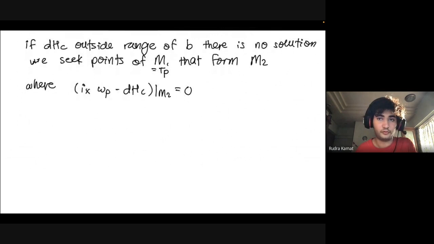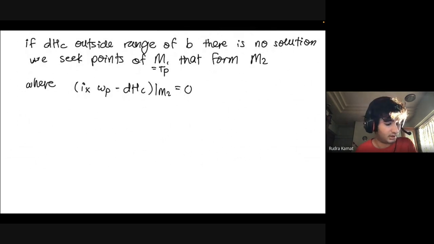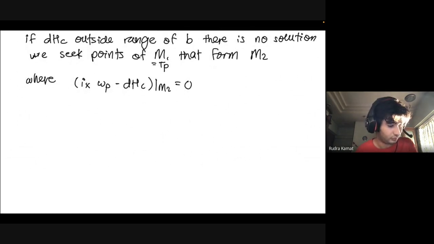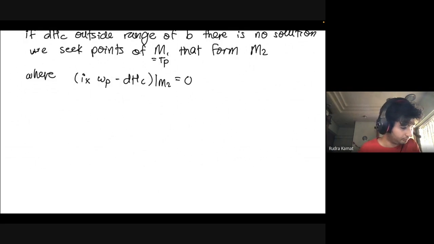So this is requesting that we are in the range of B. Now we want X to be tangent to M2.